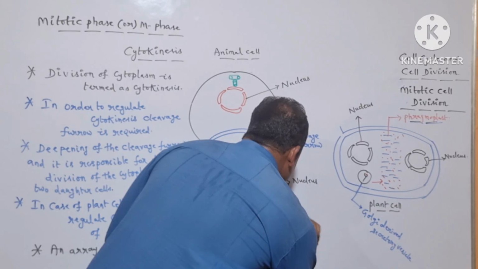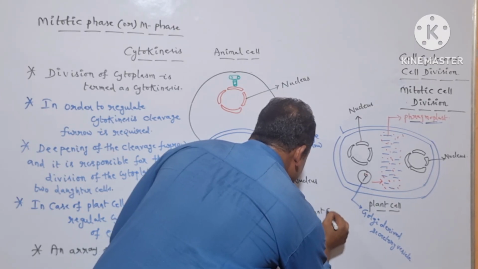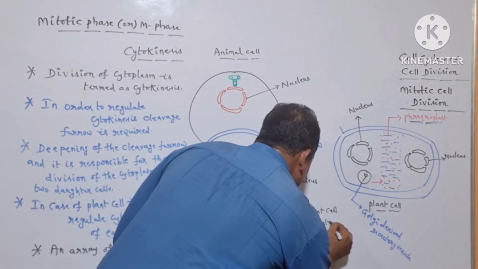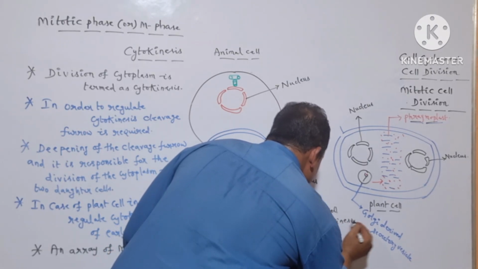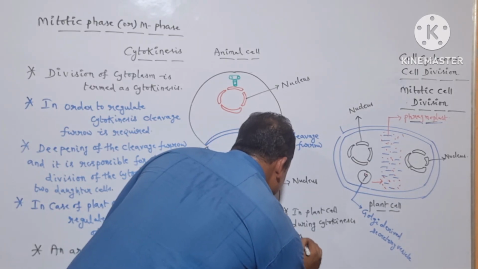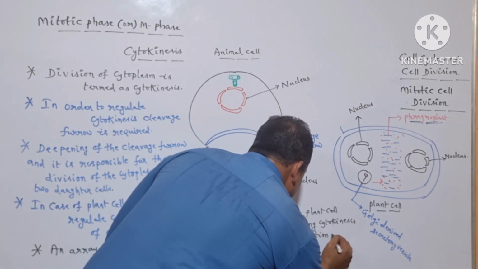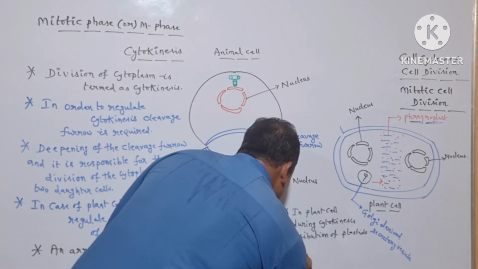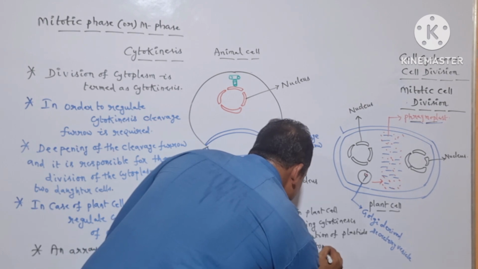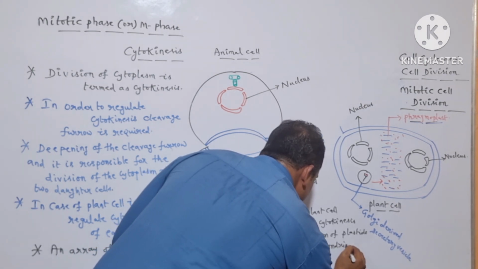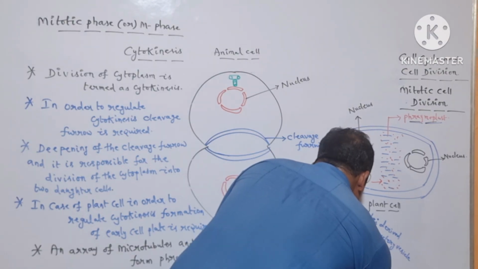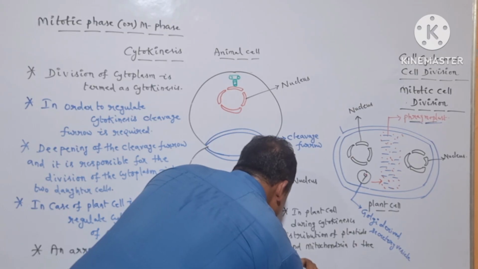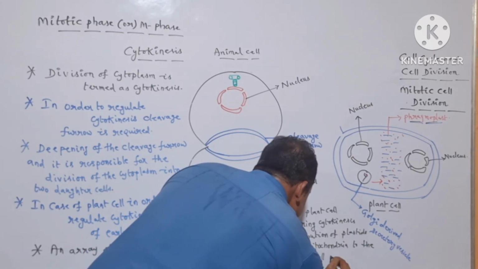In plant cell, during cytokinesis, distribution of plastids and mitochondria to the daughter cell takes place. Right?